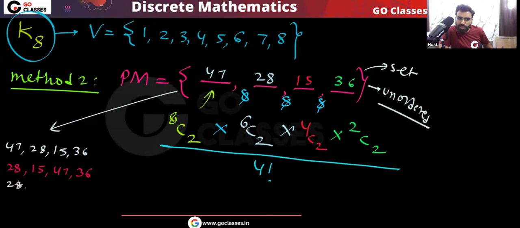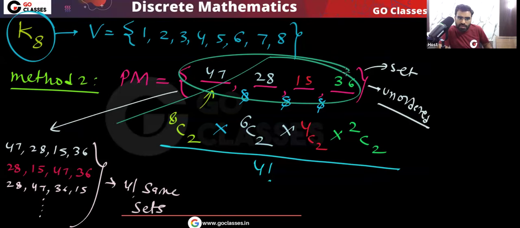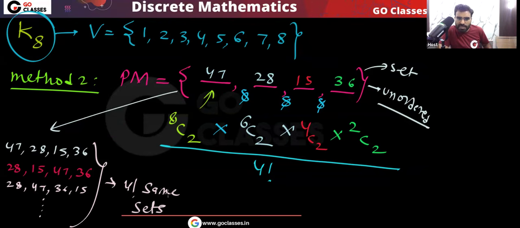Yes or no? The point is that total 4 factorial same sets are there. If you arrange these 4 people in 4 factorial ways, the same sets you are going to get. So that is the reason I am saying that you divide by 4 factorial. So that will be your answer. I hope you understood.